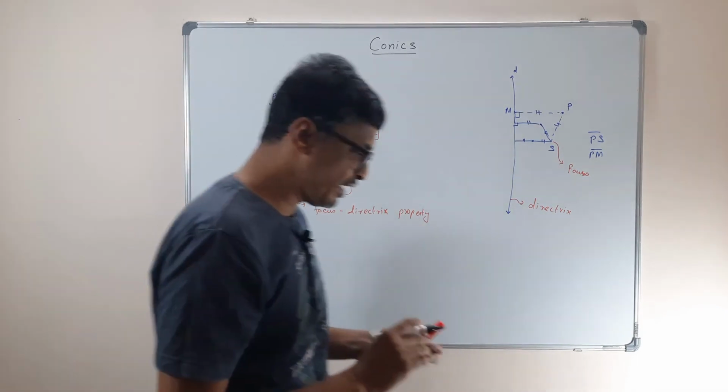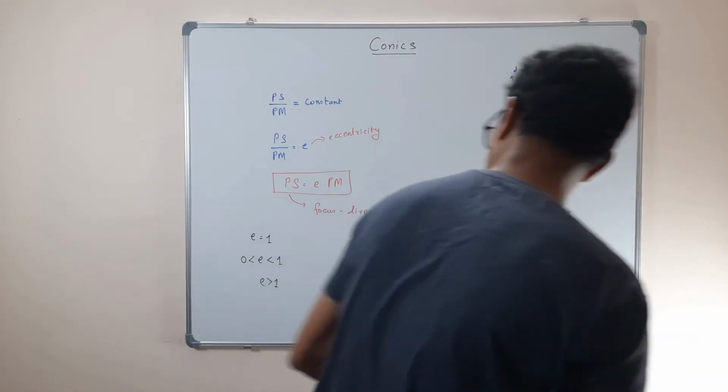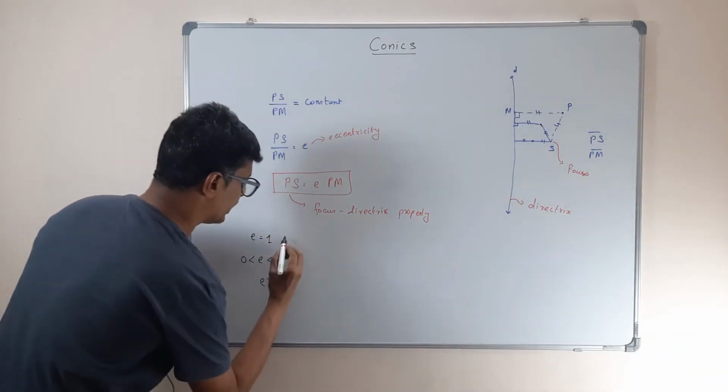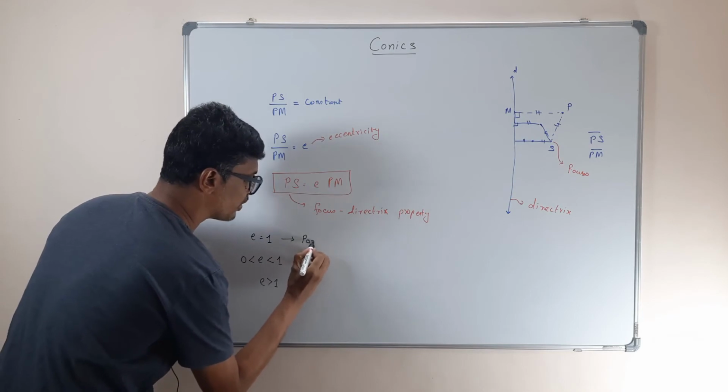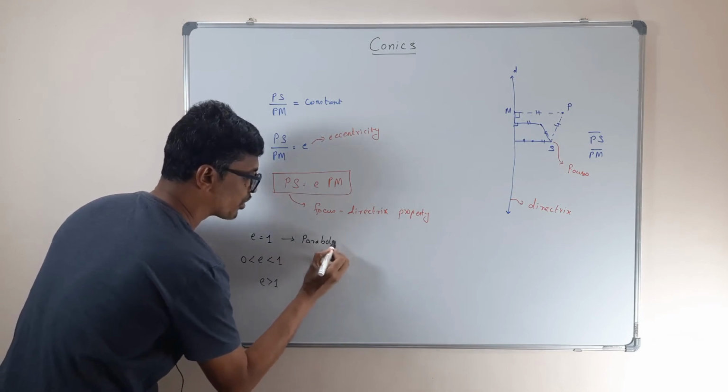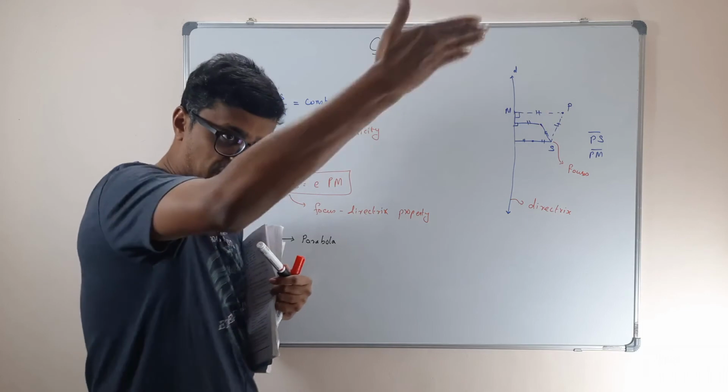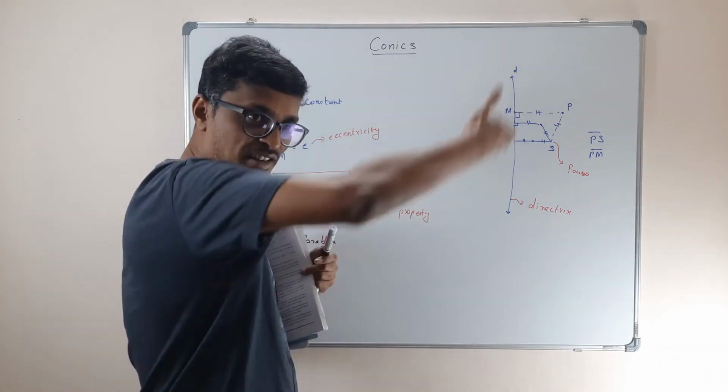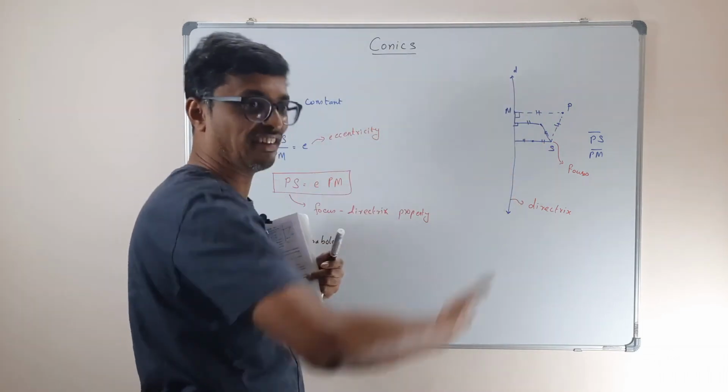Depending upon these, when E is equal to 1, you get a parabola. A parabola is what you get when you cut the cone with a plane parallel to the generator line. In the second case, you get an ellipse.